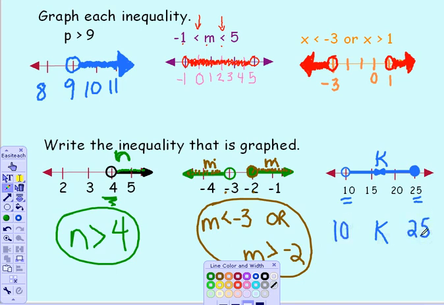Now I need to put in those symbols. So in this case we have k is, if we look at all the numbers, it's all the numbers bigger than 10. Okay, so 10 is less than k in this case. Since it's an open circle, we're going to leave that just as a less than symbol. So you can read this backwards.